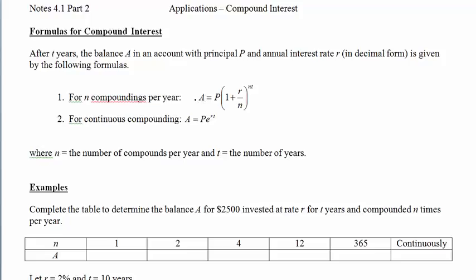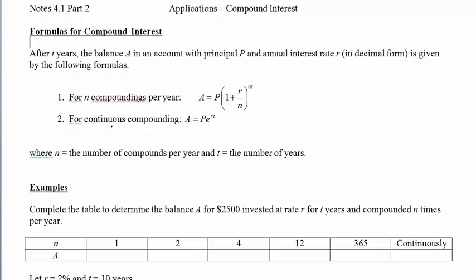So the amount A that you'll have in your account is equal to P, what you put in, times 1 plus the rate divided by the number of times per year they compound your interest, all raised to the number of compoundings times t, the number of years that you leave your money in the account. Most banks will use this compound interest formula right here.